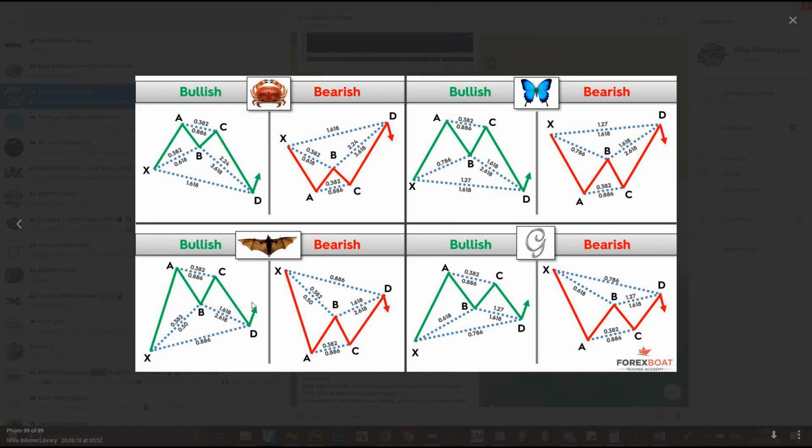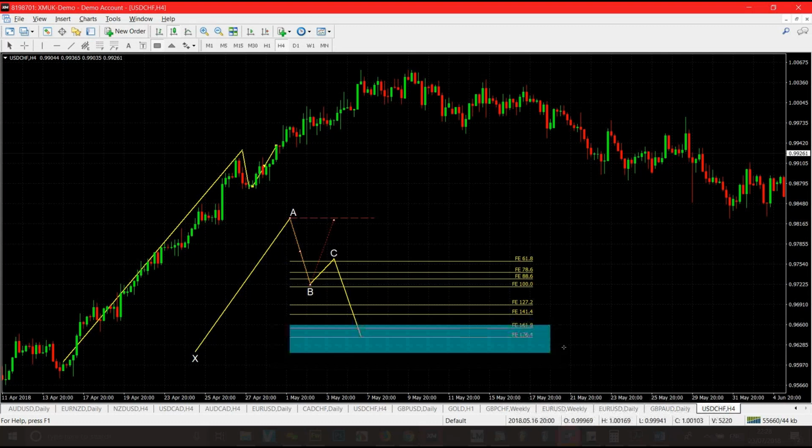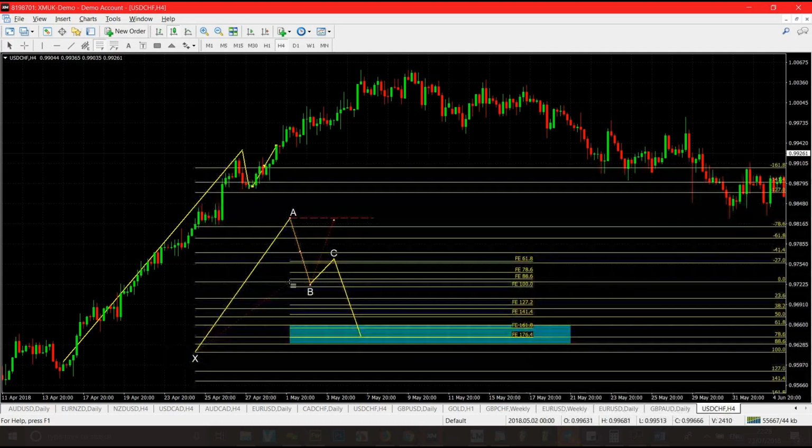I don't really use that tool anyway. I don't usually use the extension. That's why I only stick to using the Fibonacci retracement. But if we were using the extension, it means that this is where we're looking for the D leg to be, where you have that 161.8. And if you look at it, it falls in line with your Fibonacci retracement tool when we draw it all the way from X to A.